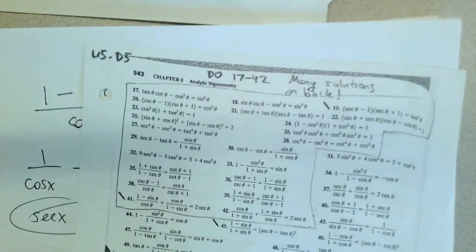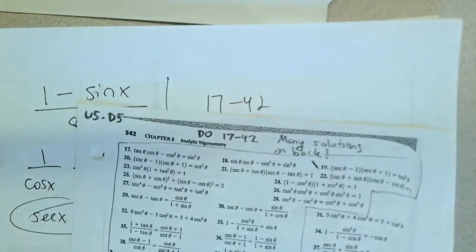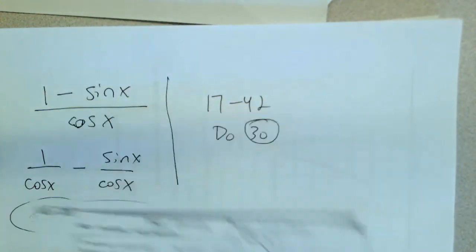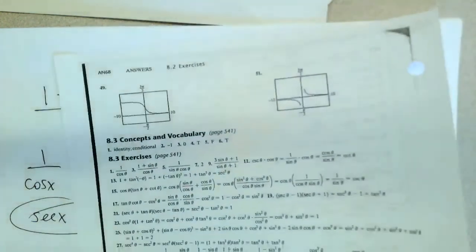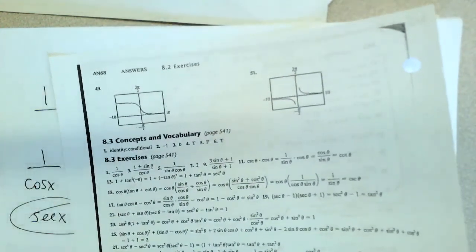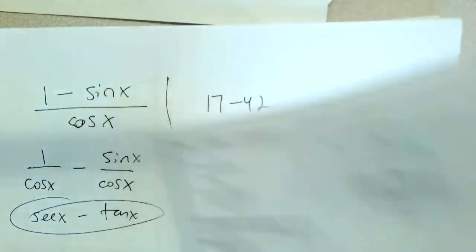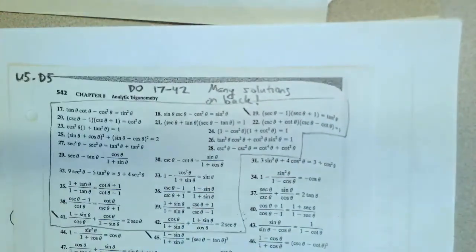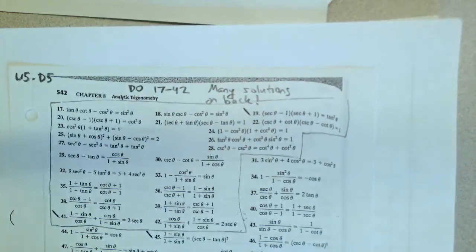And if you pay attention, you'll notice that they come in pairs, and they'll explain the first one fully on the back, and then the second one they won't, because it's so similar to the one that you just did. Does that make sense? So the back has explanations, so consult them if you get stuck, okay?